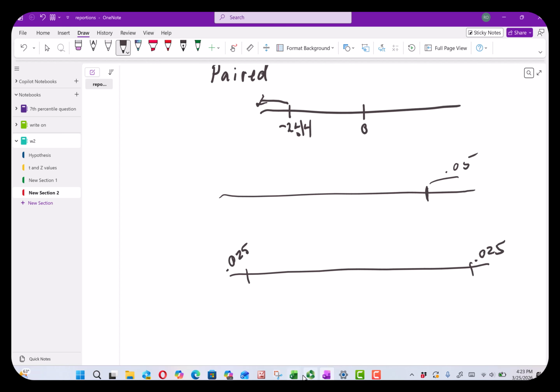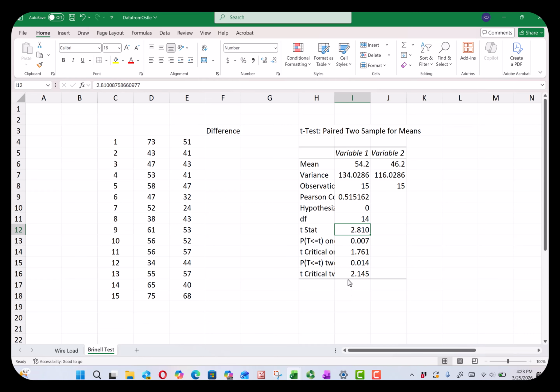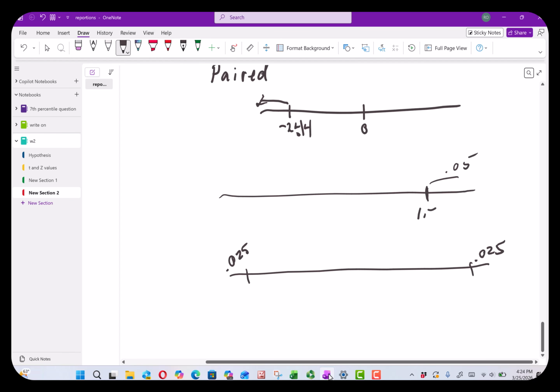And from the table, the critical value for a one-tailed test is 1.761. So this would be 1.761. And our t-value is 2.8, so it's way out here. So we are rejecting regardless.